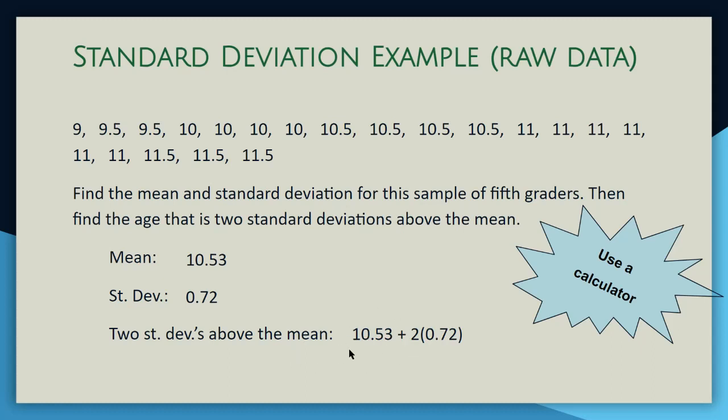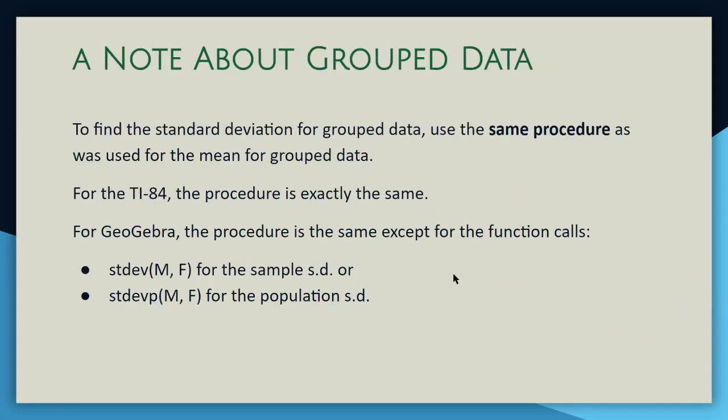So 10.53 is the mean, and then I'm adding 2 standard deviations, 2 times 0.72, and I get 11.97, which is bigger than the oldest kid in the class. So we're going to talk briefly about how to interpret that. But let's go ahead and make some notes.